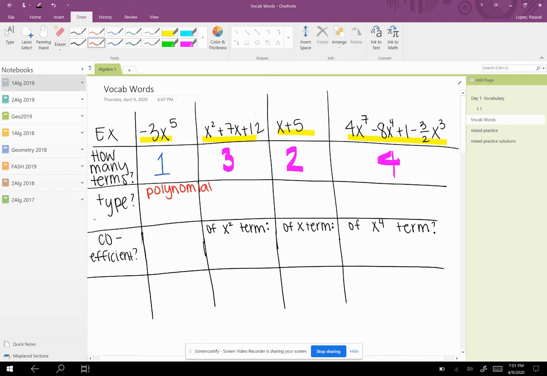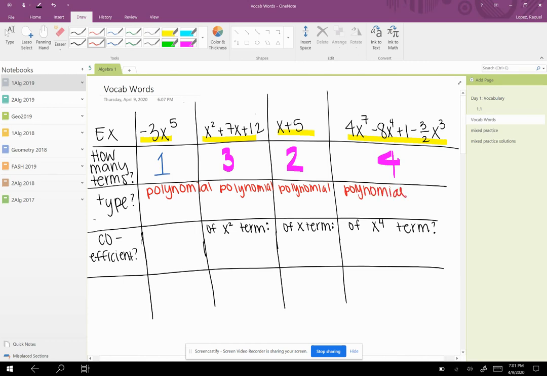Okay, so this negative 3x to the 5th is a polynomial. X squared plus 7x plus 12 is a polynomial. X plus 5 is a polynomial. 4x to the 7th minus 8x to the 4th plus 1 minus 3/2 x to the 3rd is a polynomial.